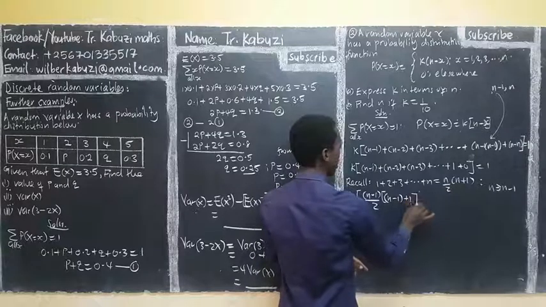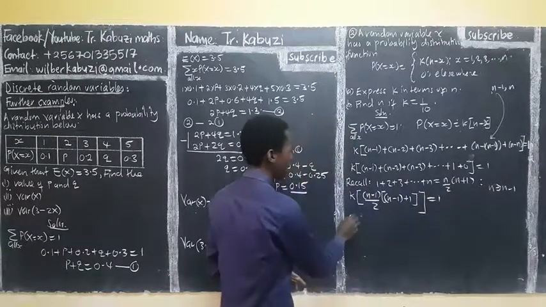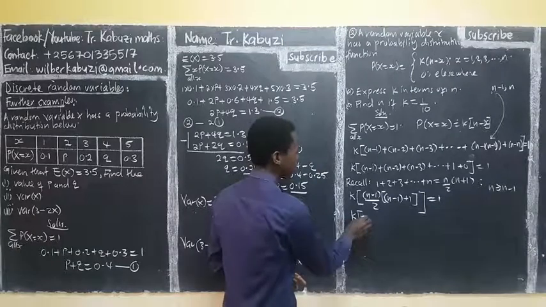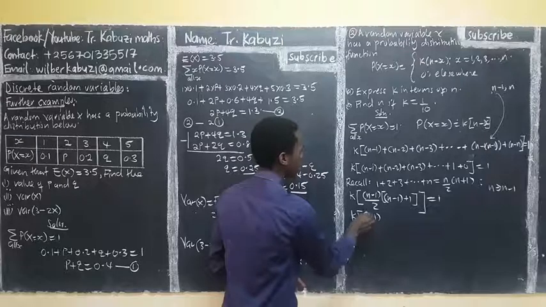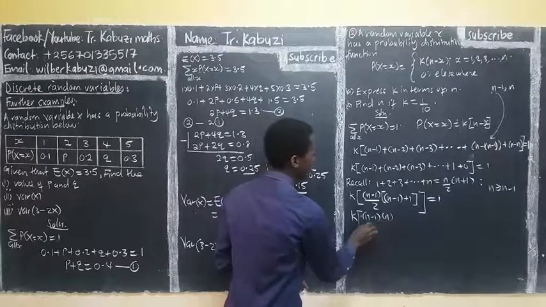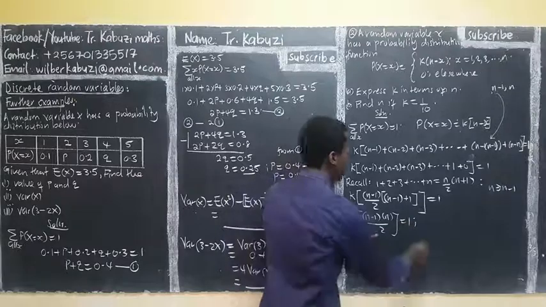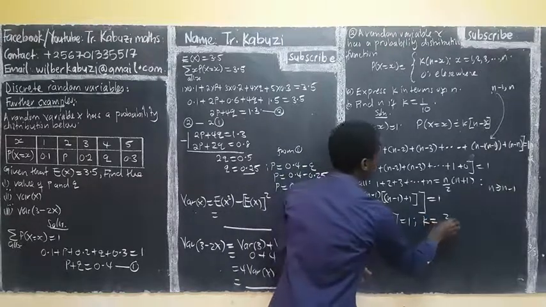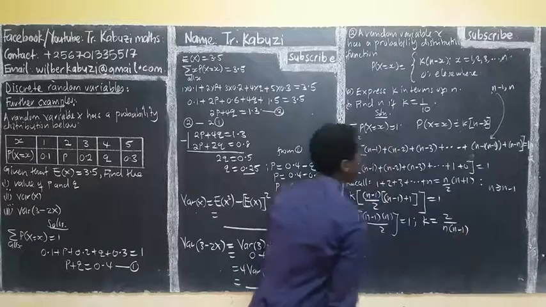Then the whole is equal to 1. So can we simplify? This will be k into (n minus 1) into n over 2 equal to 1, and from here my k will be 2 over n into (n minus 1).